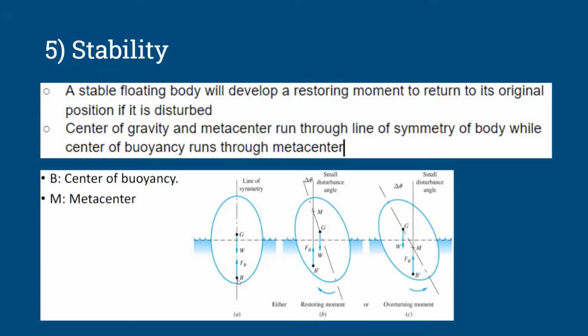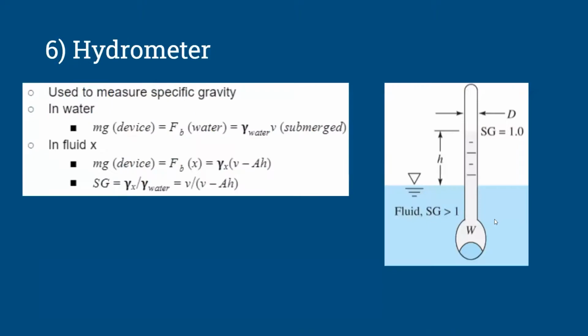But instead of the center of buoyancy being directly in line with everything else, since it's no longer stable, it's going to be shifted over, but the line of action for the buoyancy force is going to run through the metacenter as well. A metacenter above the center of gravity is going to have a restoring moment, while if it's below, it's going to have an overturning moment.